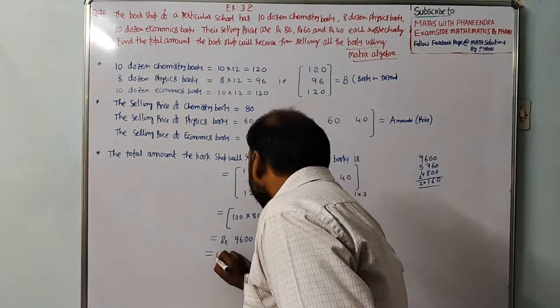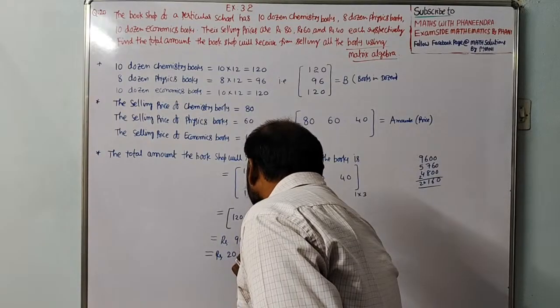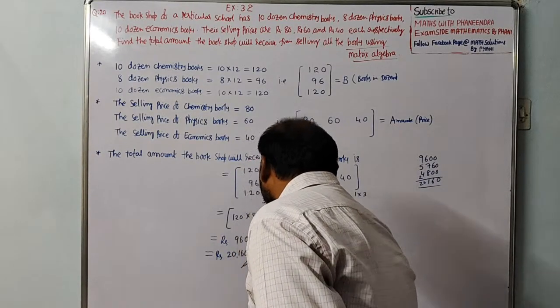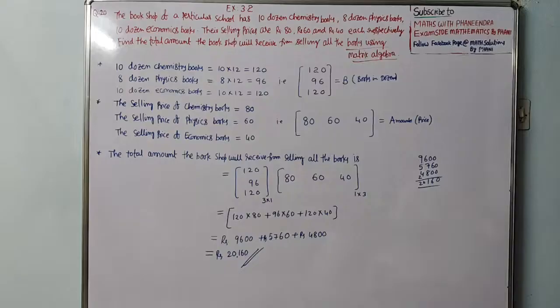So the total amount is 20,160 rupees. So the total amount the bookshop will receive from selling all the books is 20,160 rupees. This is the way the matrix works.